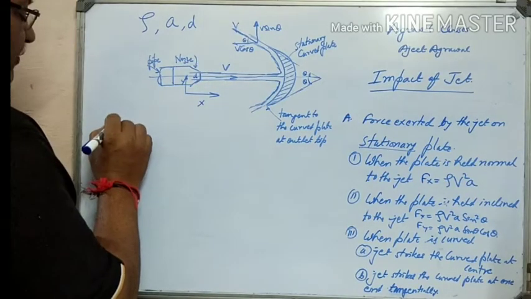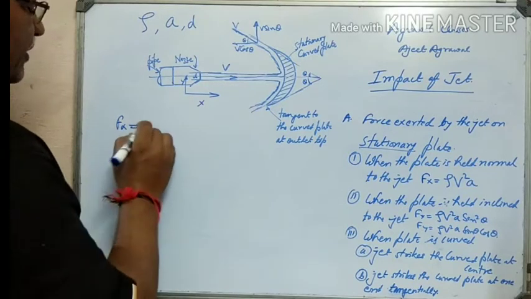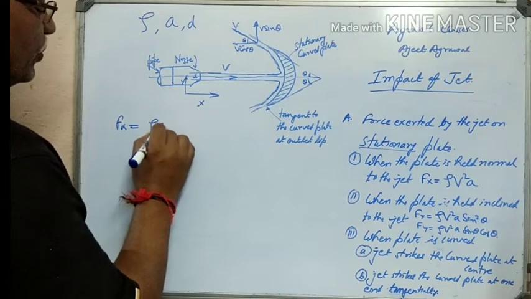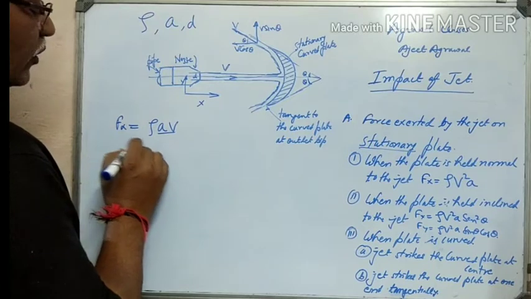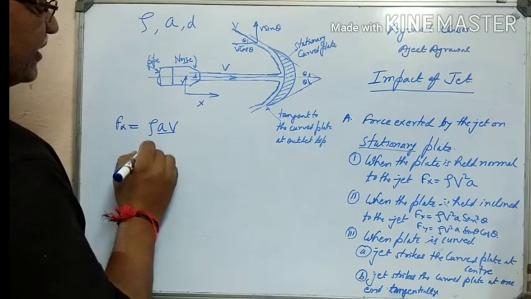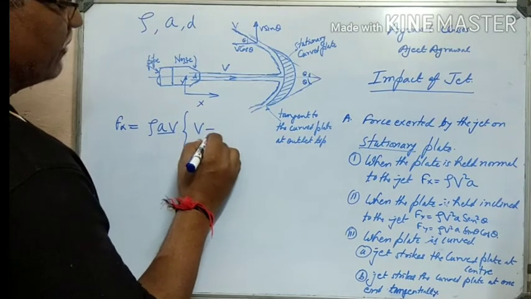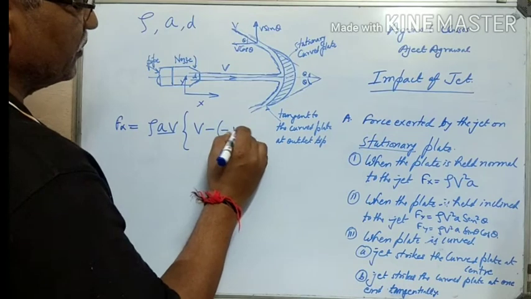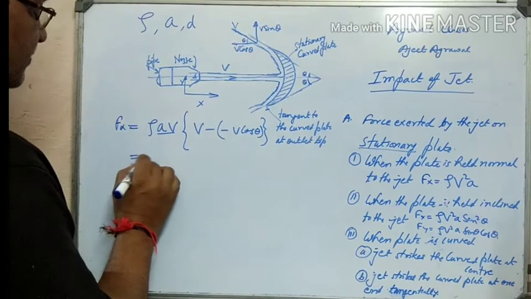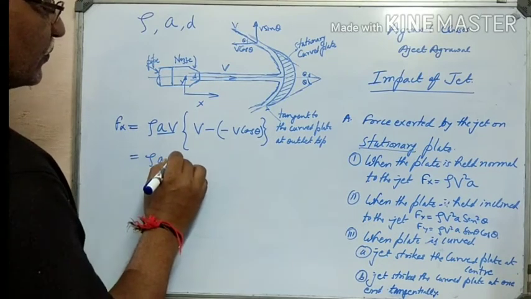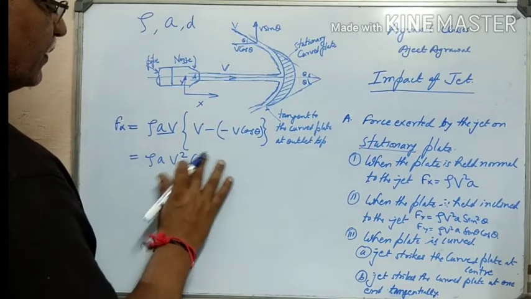So we can find out the force Fx, which equals the change in momentum. Mass flow rate is rho A V. A into V is the volume per second multiplied by density. Mass into change in velocity. Initial velocity is V and my final velocity is minus V cos theta. So Fx becomes rho A V square into 1 plus cos theta.